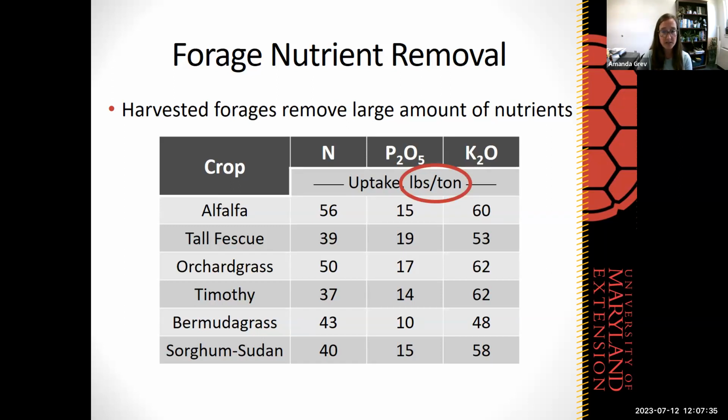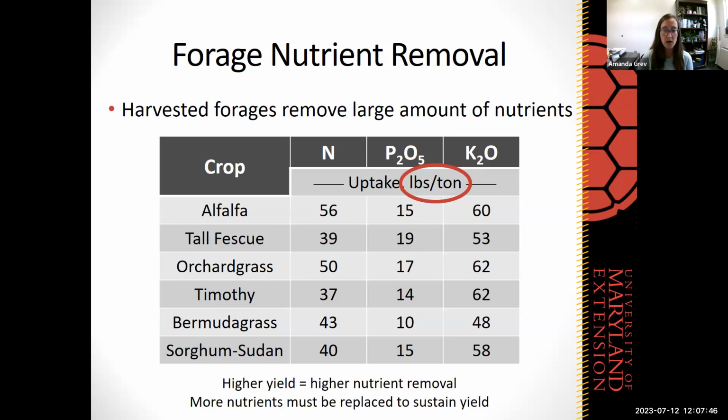The more productive a stand is, the more forage we're producing from that stand, the more nutrients we're removing when we remove that forage crop from that field. So a higher yield equals a higher nutrient removal. And that means in turn that we need more nutrients to be replaced to sustain that yield, right? If we want to maintain that high productivity, we're going to have to be replacing those nutrients in some way, shape, or form.